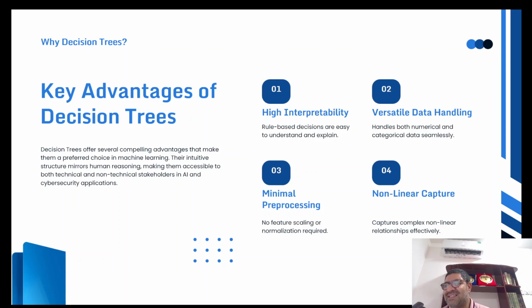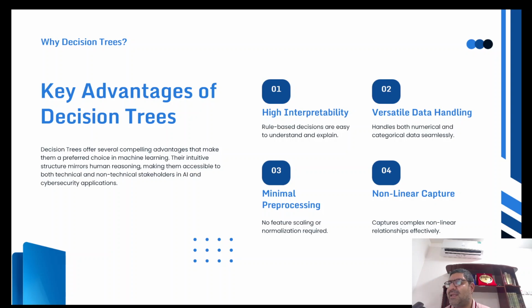Decision trees provide an appropriate level of logic to understand why this decision has been taken, which might be missing or ambiguous in comparison with others. We'll be seeing that comparison as well.